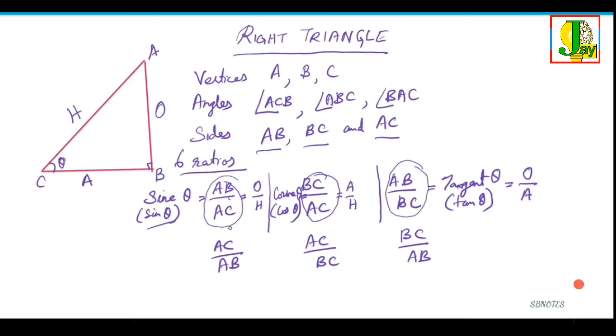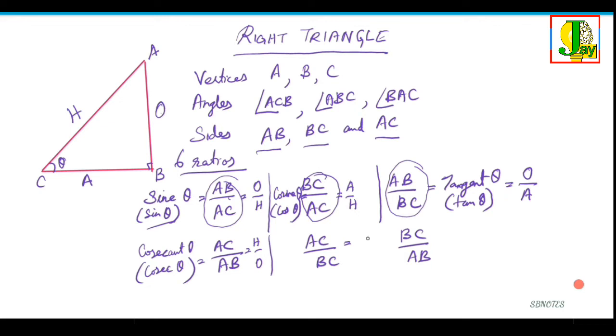Now the inverse of these ratios, that is, hypotenuse by opposite, is cosec theta or cosecant theta. In short, we write cosec theta.